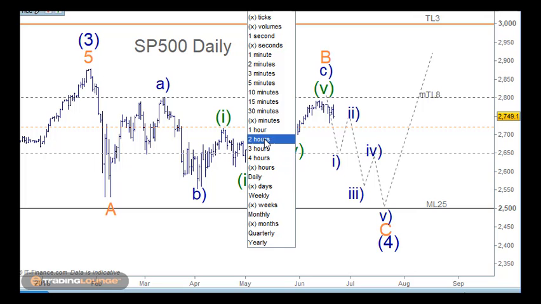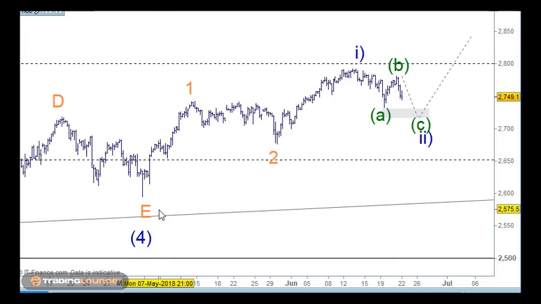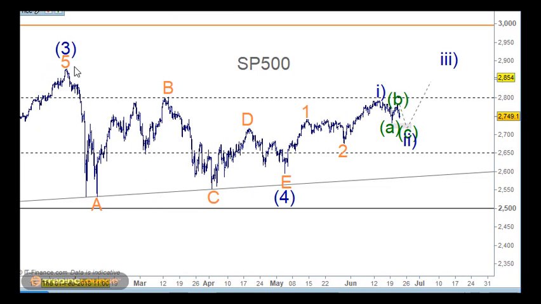So where are we? Here and here. The bullish case is wave 3 here, an Elliott wave triangle with wave A, B, C, D, and E here for wave 4, and then we're moving up for wave 1, back for wave 2.